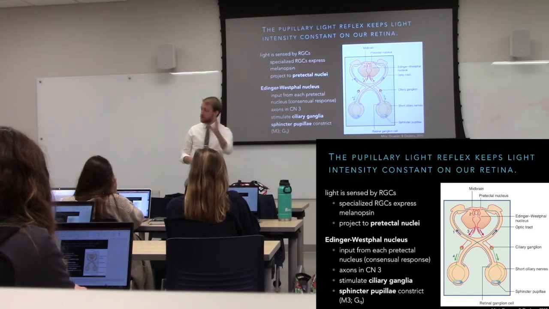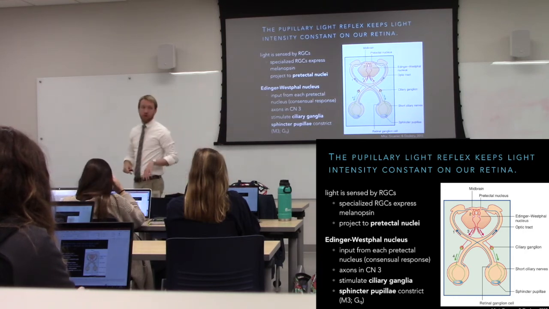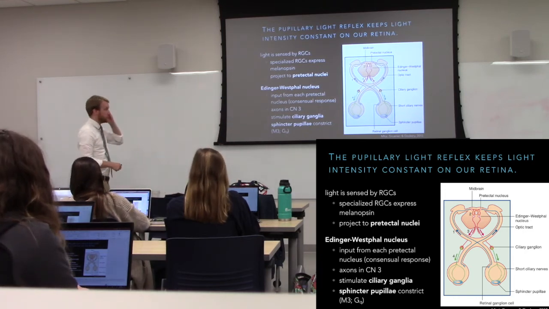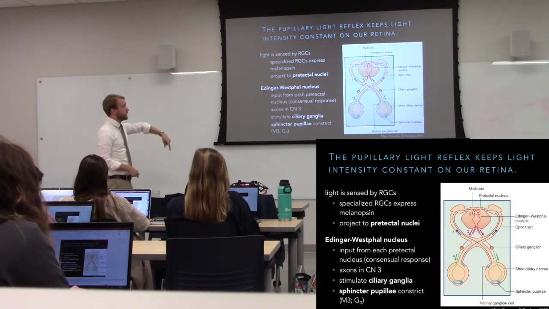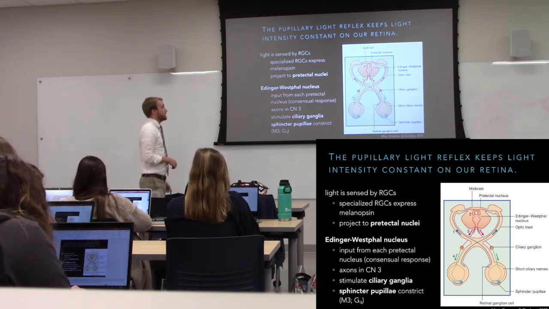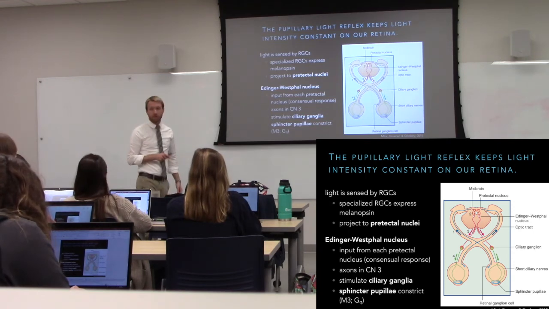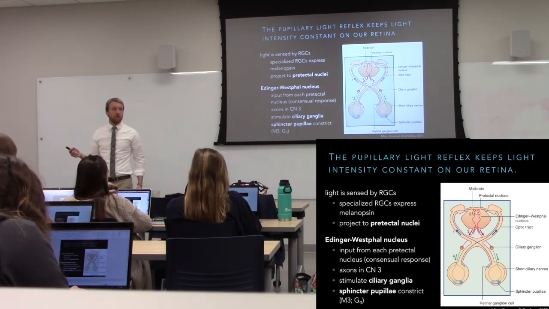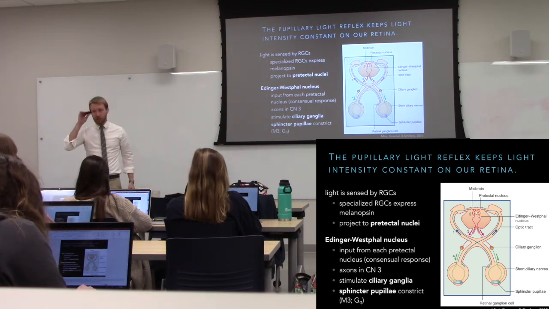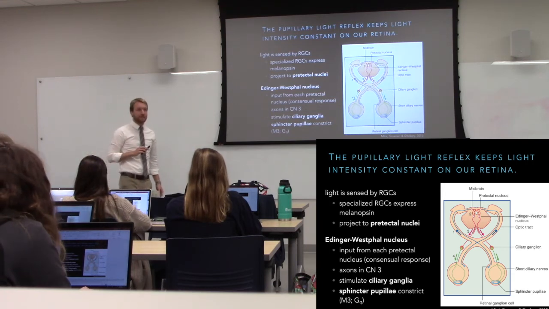If it increases, pupil shrinks. If it decreases, pupil opens. And it's just 4 neurons involved there. 2 sensory, 2 for the parasympathetic input. Now you'll notice here we have bilateral input from the pretectal nucleus to the Edinger-Westphal nucleus. This is why shining light in one eye, which I won't do with this, is going to give you a consensual response.